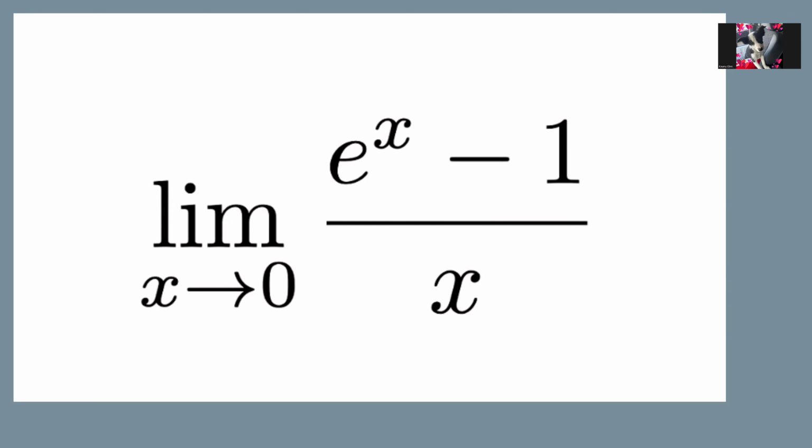If we plug in 0 for x, we can see that e to the x becomes e to the 0, minus 1 over x. And as we know from our rules of algebra, anything to the power of 0 becomes 1.